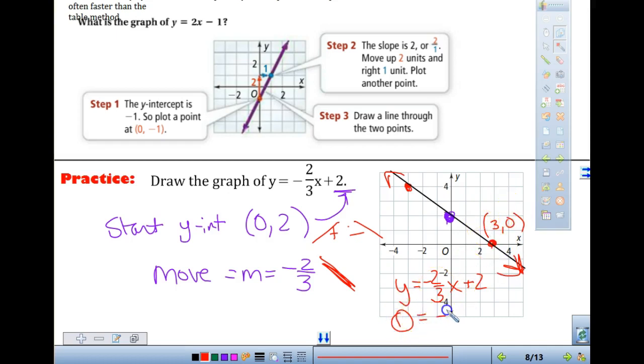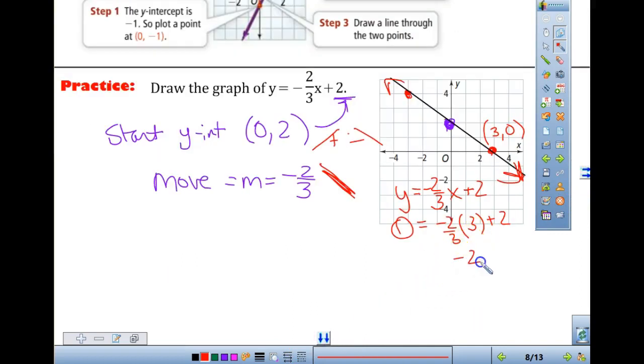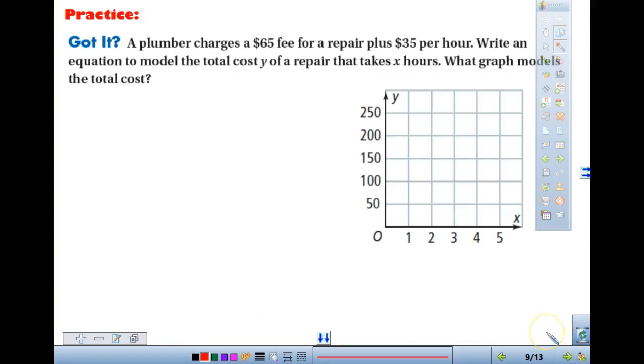Does 0 equal negative 2/3 times 3 plus 2? Yes, because this is negative 2 plus 2, and that equals 0. So any point on this line must make this true. That's what makes a solution to that line, right? We just picked the easiest one, the y-intercept, to start at. Okay? Last one.